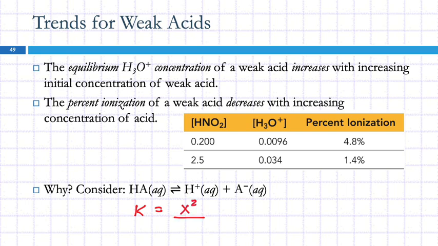We've got x squared over y, basically. So when this increases, this also increases, but it's not a one-to-one, because this one's squared and that one's not. When it decreases, it's not a one-to-one. So lower concentrations are more ionized than high concentrations.